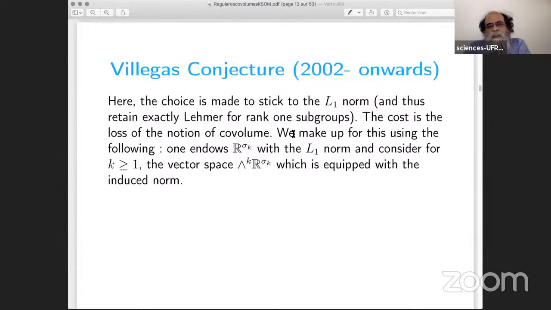The cause for that is that you don't have the proper notion of co-volume, but you just take the kth exterior product of R to the sigma K with the L1 norm, choosing the basis vectors for one given basis as norm 1 vectors and defining the L1 norm compared to that basis. So you need to fix a basis for that. It's not completely intrinsic, but never mind, it works fine.